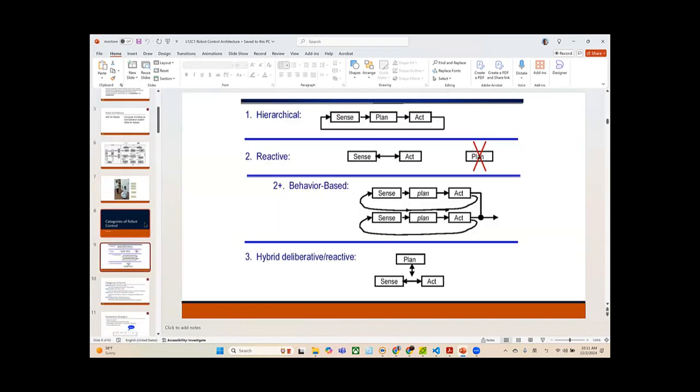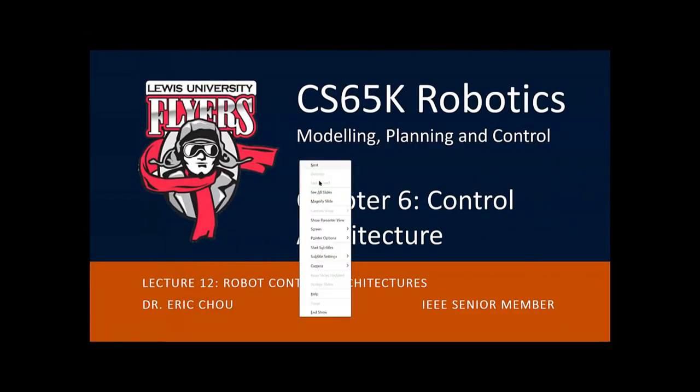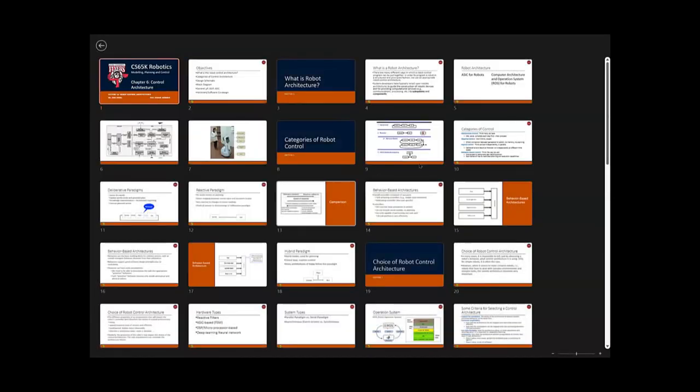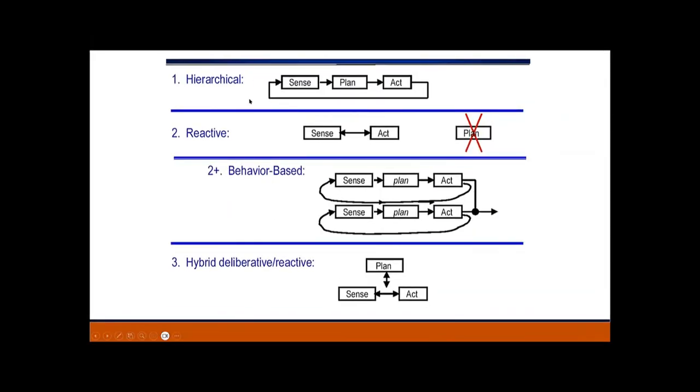Then there are 4 different kinds of control: hierarchical, reactive, behavioral based, and hybrid. Hybrid is missing from everyone, so we don't need to talk about hybrid. Let's look at the 3 major types: hierarchical, reactive, and behavioral based.